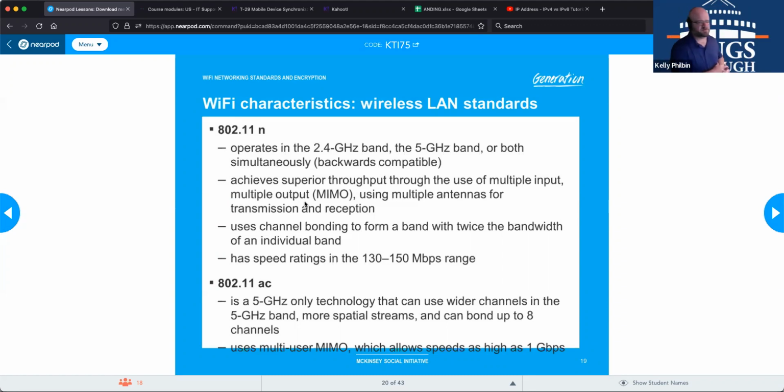I think there are like 45 channels in the 5 gigahertz bandwidth? Let me look that one up. It also employed MIMO, multiple in, multiple out, aiding in the process.